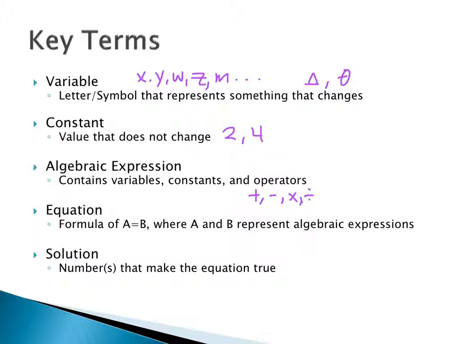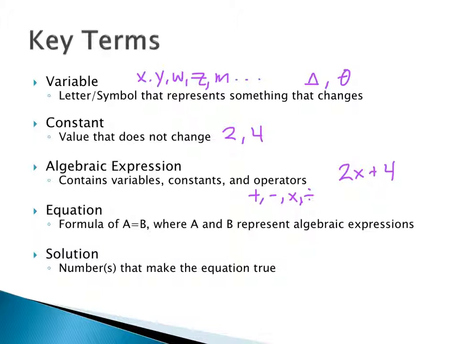Those represent operations. An algebraic expression would be, for example, 2x plus 4. This is an algebraic expression because it has within it a variable of x, constants of 2 and 4, and an operation of addition.